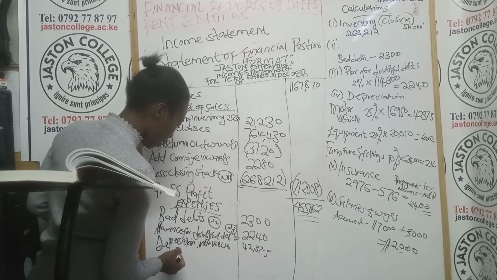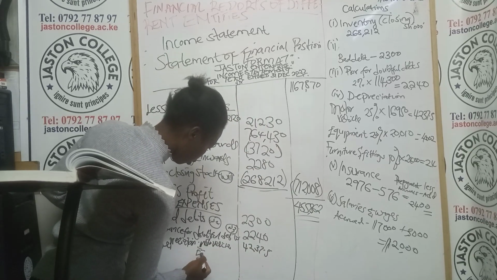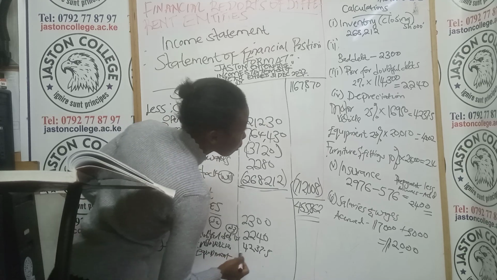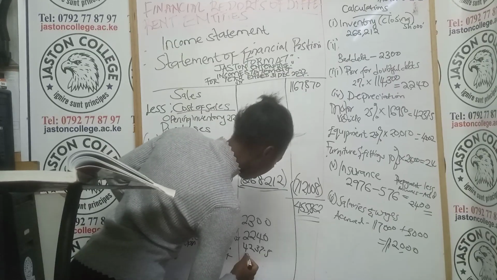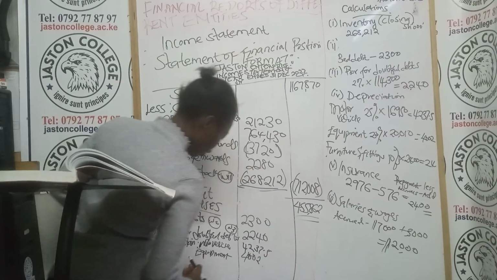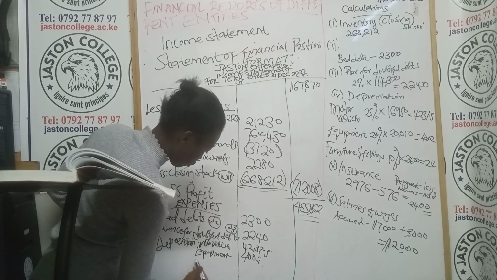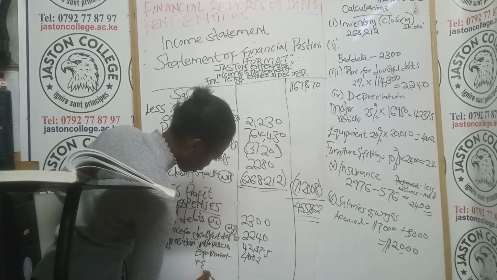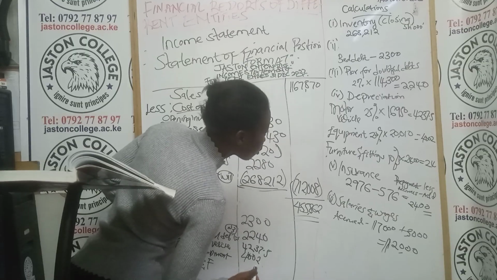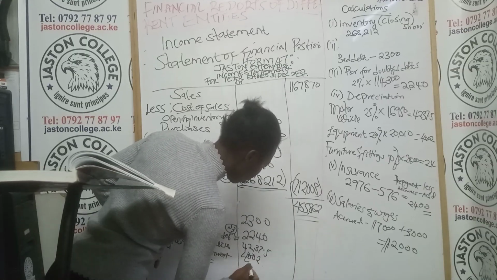Then on equipment, depreciation on equipment, we had 4002. Then furniture and fittings, depreciation on furniture and fittings, we had 24.